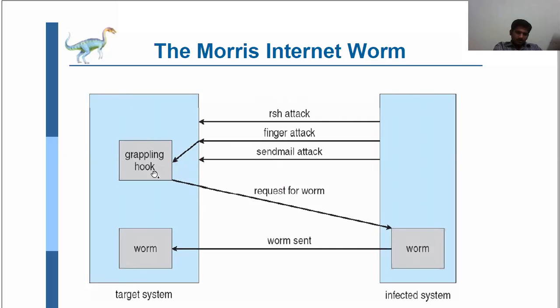When it attacks, the grappling hook is requested from the worm. Then the worm is sent to the target system, the infected system. If we click or touch it, it is going to be exploited. Up to that point, it does not do anything in your system.